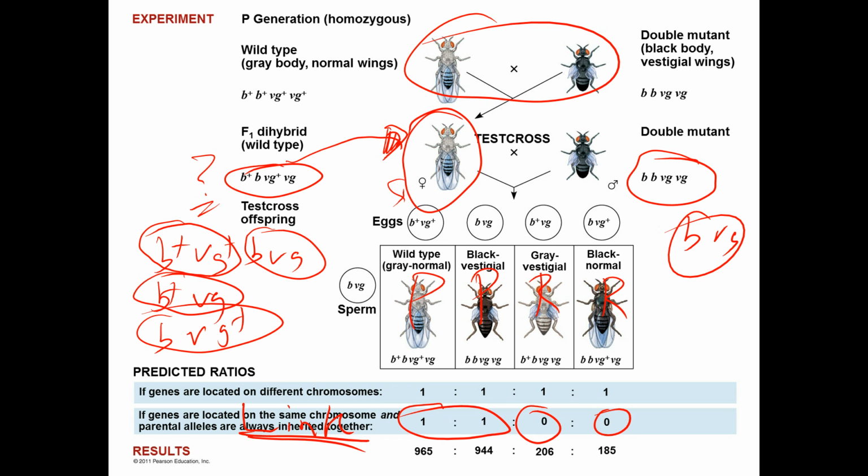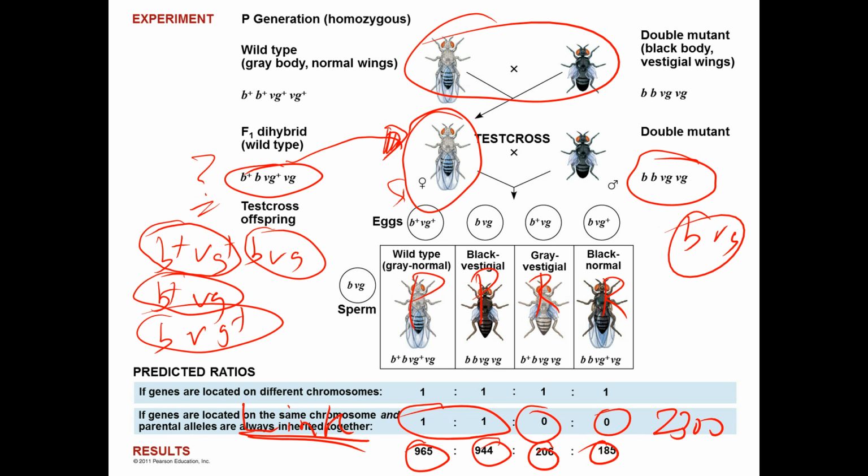So the result of this is that out of 2,300 total offspring, you get 965 wild type, 944 black vestigial. You do see some, but not a lot, gray vestigial and black normal winged flies. So about 206 of the gray vestigial, 185 of the black normal winged flies.